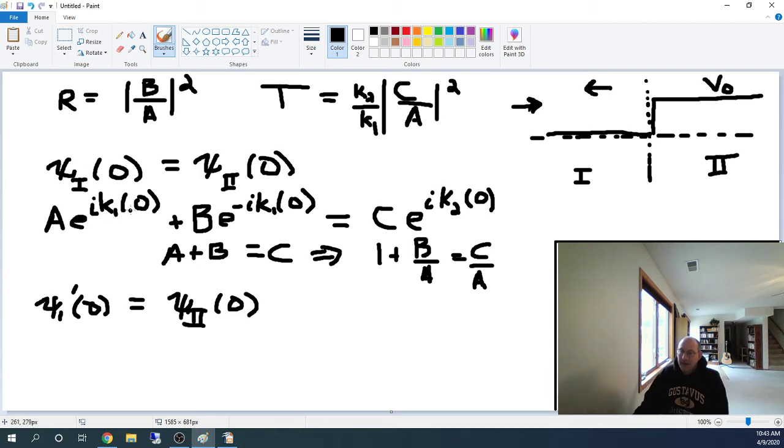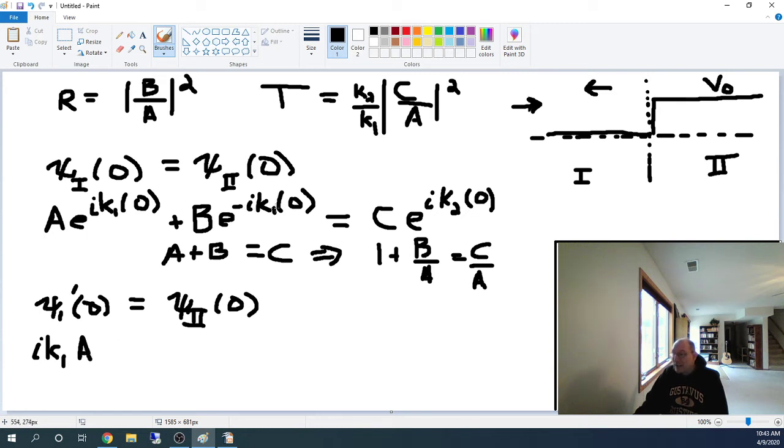Imagine that there's an x here. If I take the derivative of this, what do I get? I get i times k1 times e to the i k1 x. So when I take the derivative, I get an extra factor of i k1 times the original wave function back, which when you evaluate at 0 gives you 1, so you get this expression. Okay, so there's the first part.